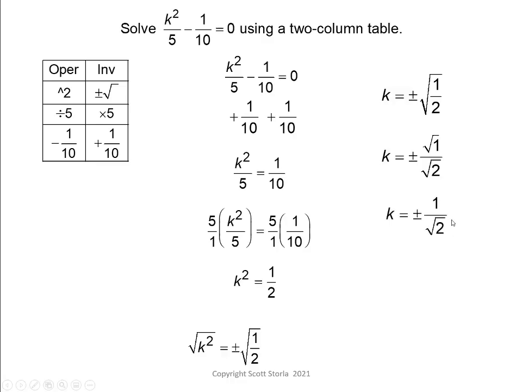I now have an irrational denominator that I need to simplify through rationalizing the denominator. I multiply by 1 in the form of root 2 over root 2, and that will give me square root of 2 over square root of 4, and the square root of 4 will just be 2. Here's my final answer.